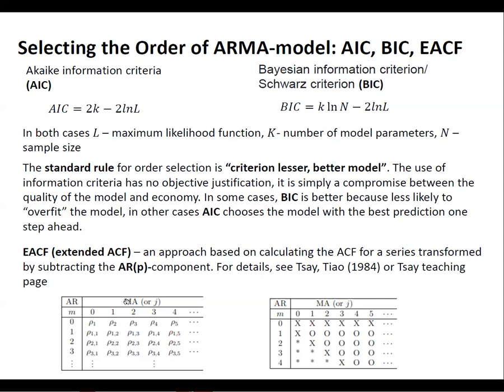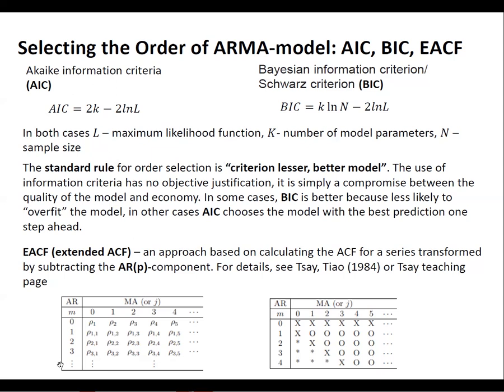In addition to AIC and BIC, there is also EACF, the extended autocorrelation function. This approach is closest to me for the ARMA model. Application of the extended autocorrelation function gives us the following results. That is, the rows here are the parameters of the autoregressive model.